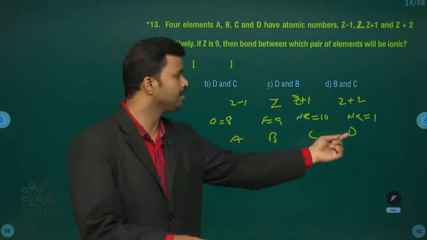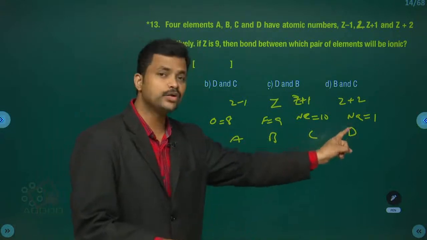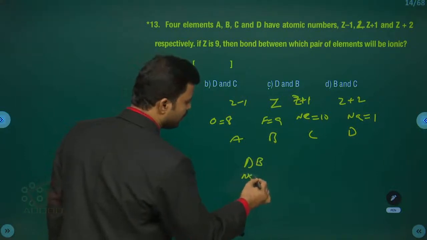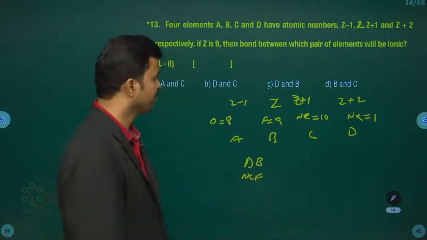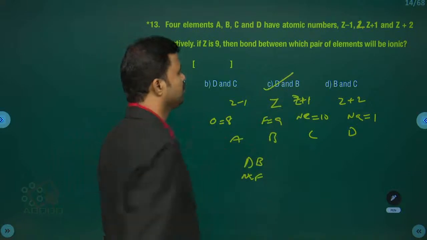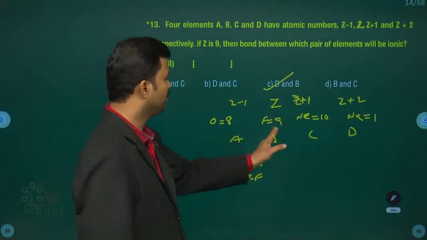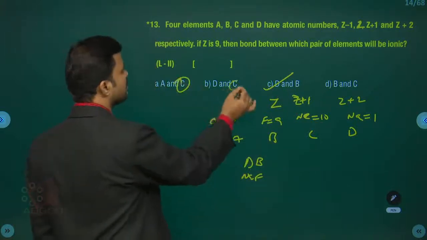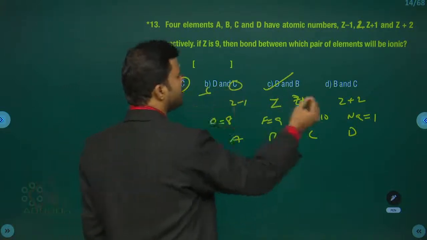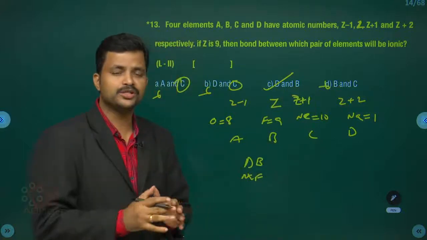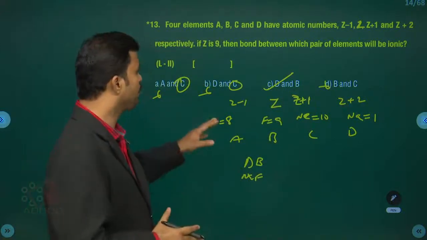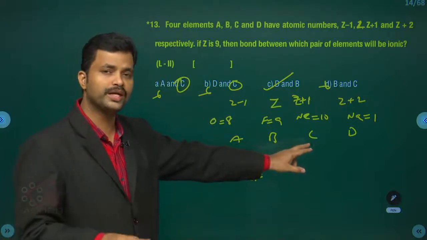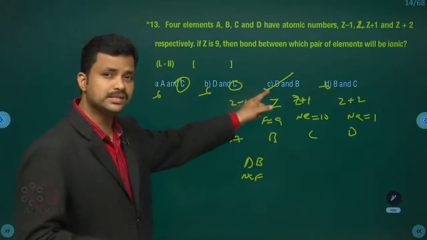So B and D compound. D will give the cation: NaF, Na plus and F minus, an ionic compound. Option C. Cross-checking, BC is not possible, since neon does not participate in any compound. Everywhere there is a C, those are ruled out. All three options are ruled out because neon does not form any compound, not only covalent or ionic. So option C is the right answer.